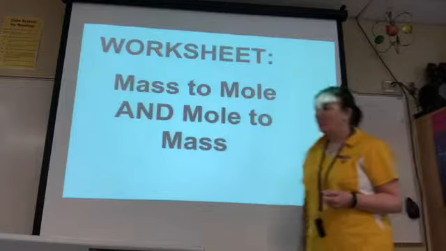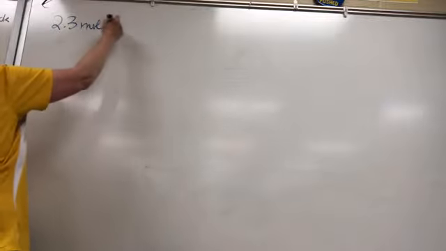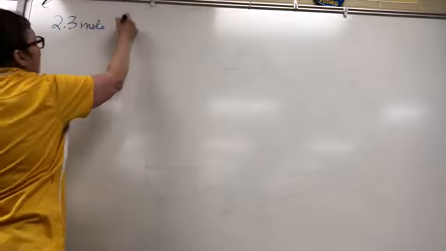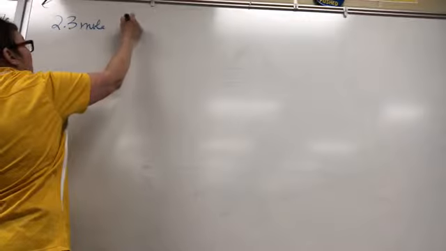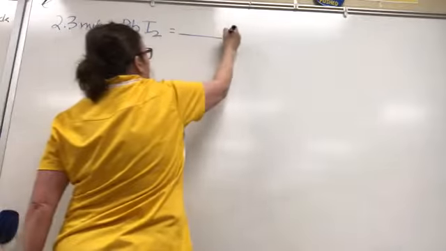Okay. So if I do this, I should really have this thing up on it. So if I do this, lights on. If I say I've got 2.3 moles of PbI2 equals how many grams?